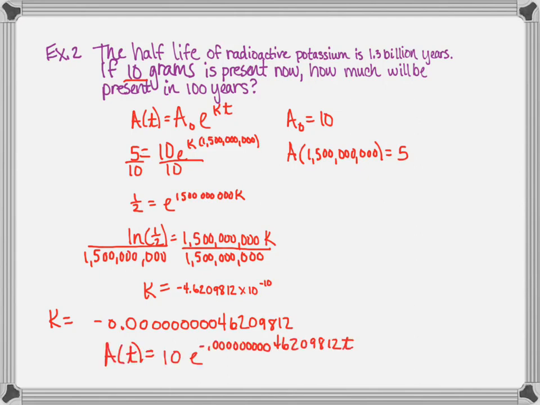So our formula now becomes A(t) = 10e^(-0.000000000462099812t). We want to know how much will be present in 100 years, so we will substitute 100 for t and get approximately 9.99999538 grams. So very little will decay.